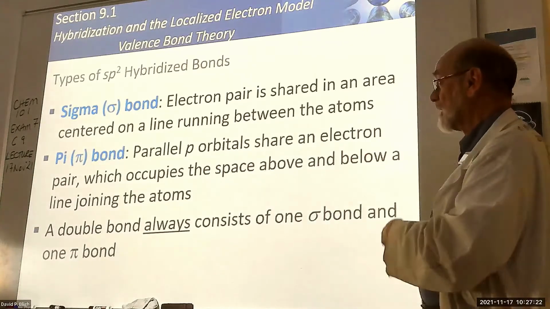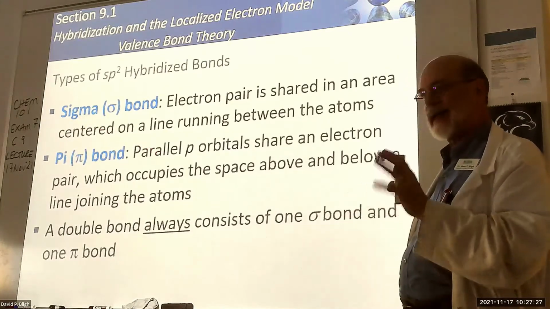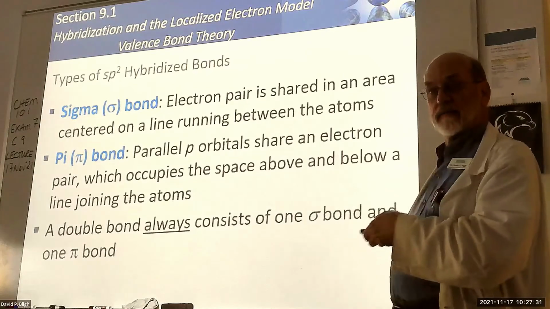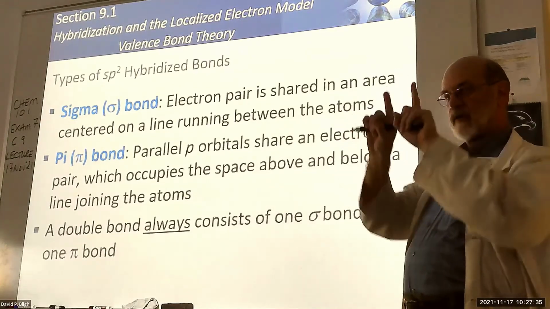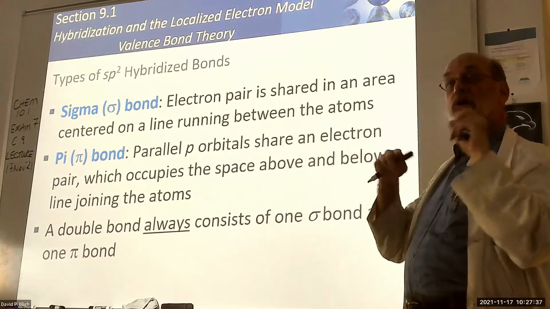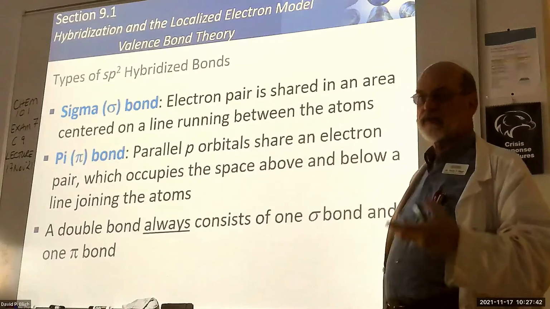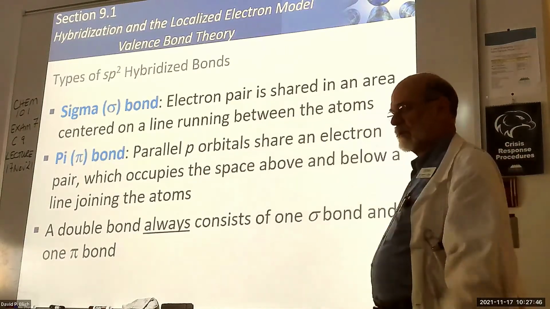So you could theoretically get one sigma bond, and you always get the sigma first. If you don't have a sigma, you can't have a pi. Then you could have a double bond or a triple bond. So you can have p orbitals overlap on this axis, and then p orbitals overlap on this axis, would give you the other two bonds in a triple bond, like for dinitrogen or acetylene.